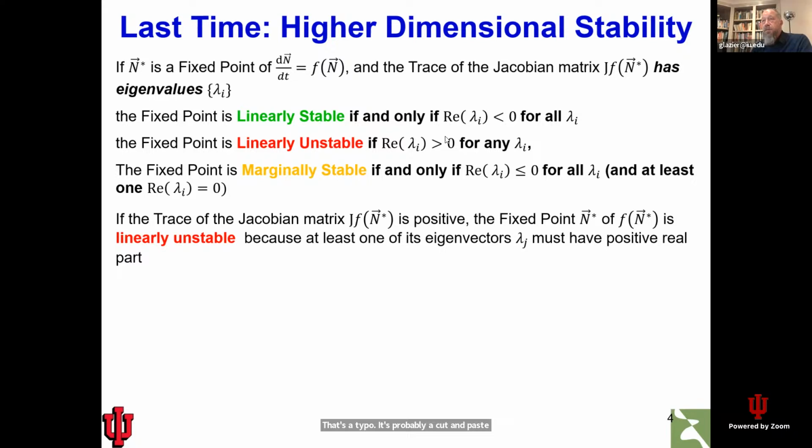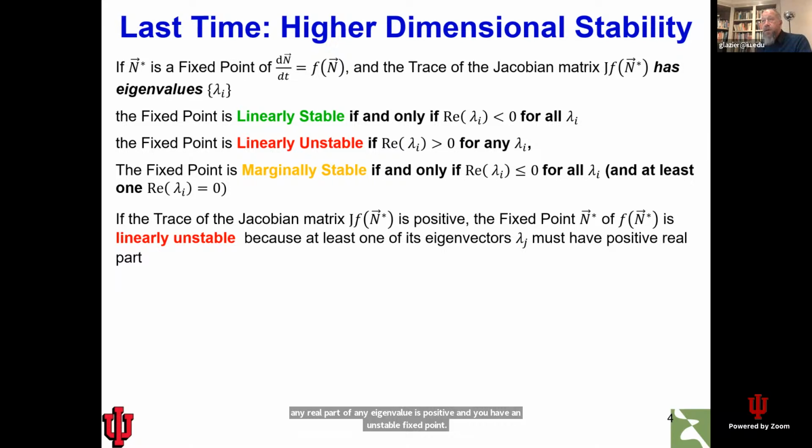The fixed point is linearly stable if and only if the real part of all of the eigenvalues is negative. Some of them potentially are imaginary, or complex, and so you could have complex eigenvalues. If the real part of any eigenvalue is positive, then you have an unstable fixed point.